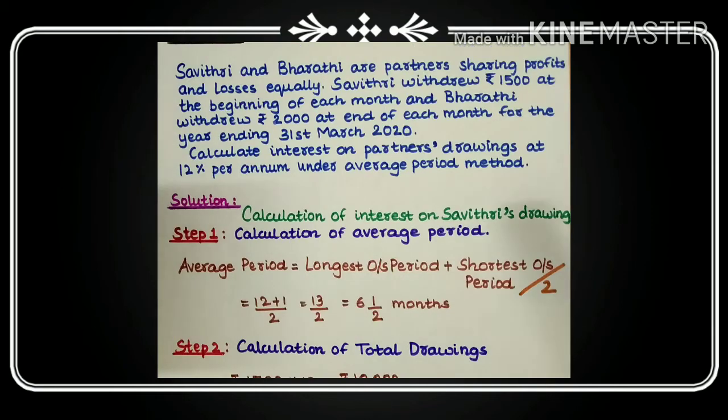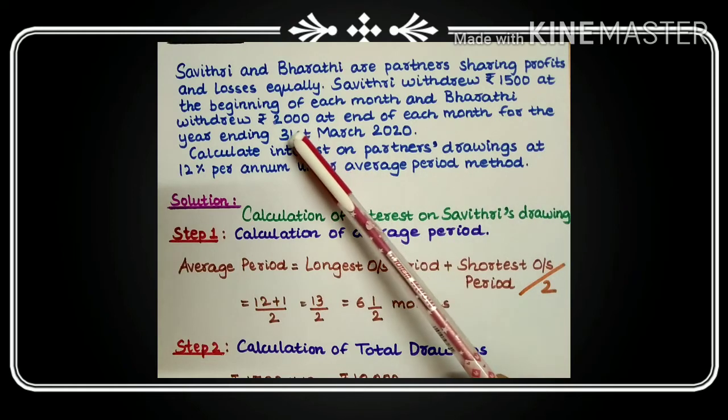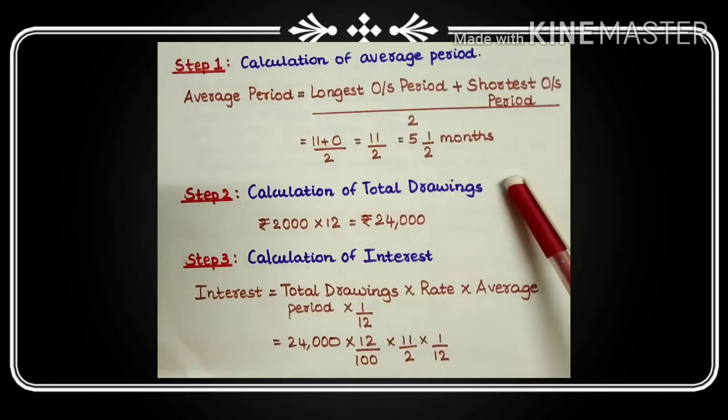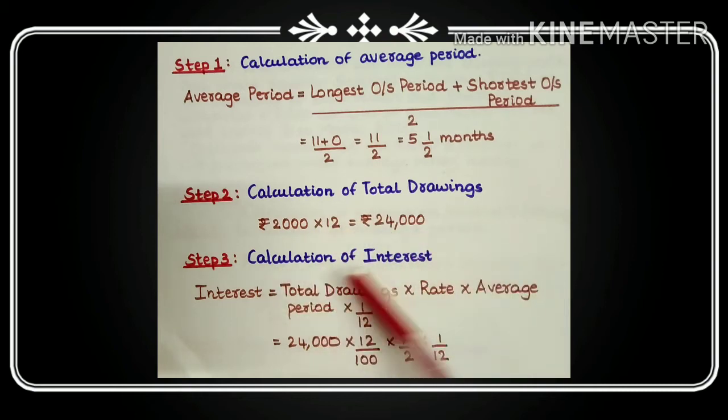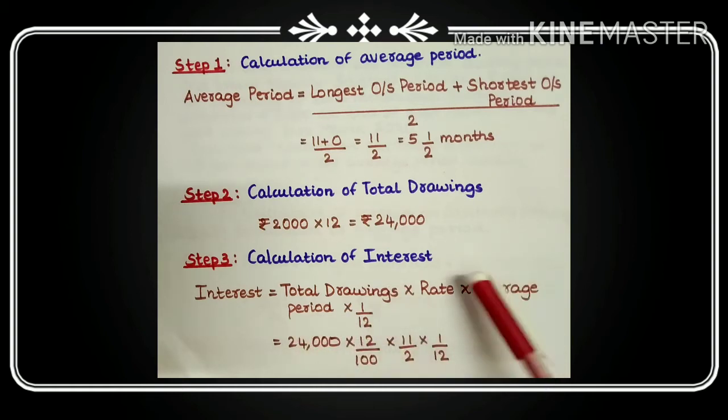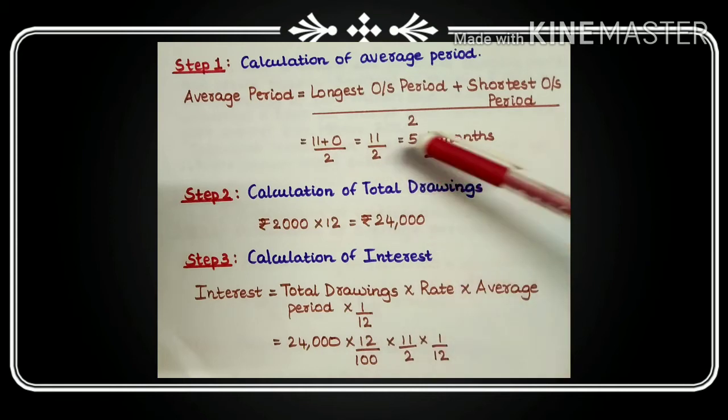Next, how much did Bharati take? 2000. So calculation of total drawings: 2000 for 12 months is 24,000. Next, calculation of interest. Total drawings into rate into average period into 1 by 12. Total drawings is 24,000, into, at what rate? 12%, so 12 by 100, into 5.5 months.